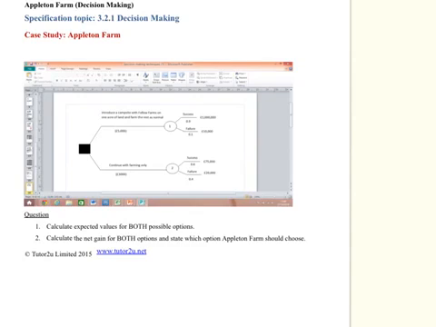So in this instance, for number 1, we would do 0.9 times 1 million plus 0.1 times 10,000.